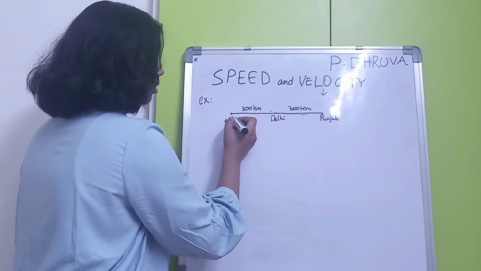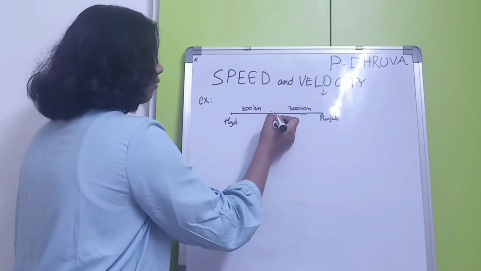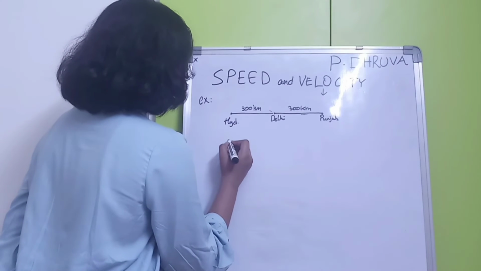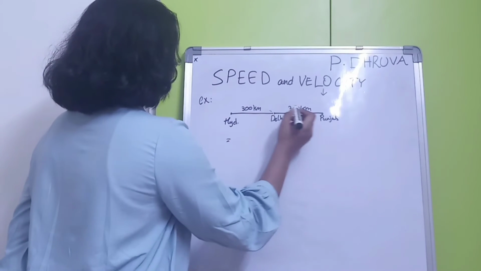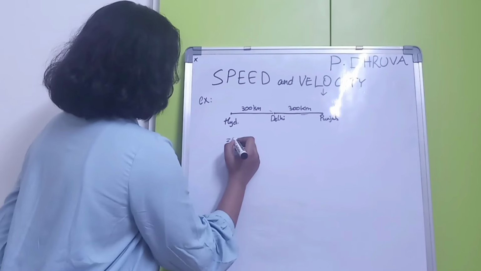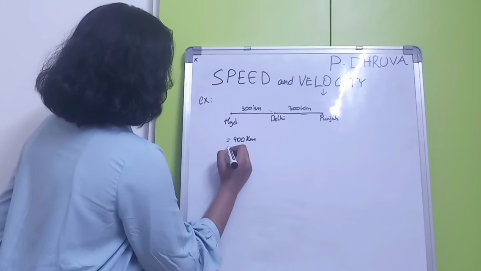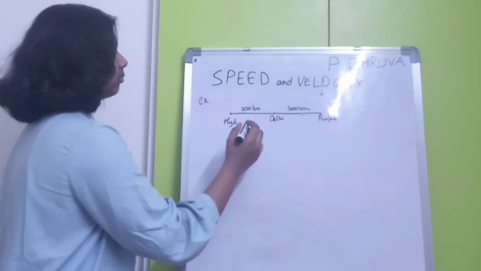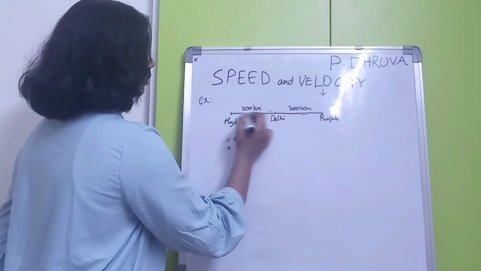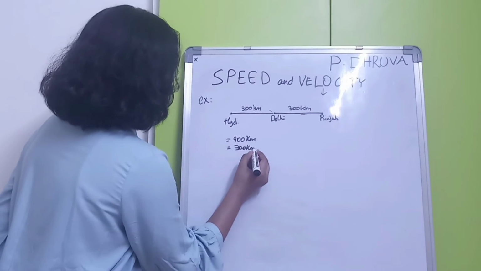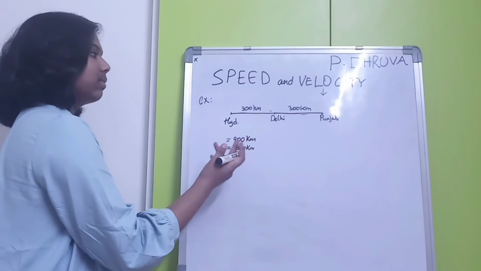So Hyderabad is your initial position and Delhi is your final position. Now when we calculate the distance, it is 300 plus 300 plus 300. It is 900. And when we calculate the displacement, it is 300. You all know how to calculate displacement by now, right?